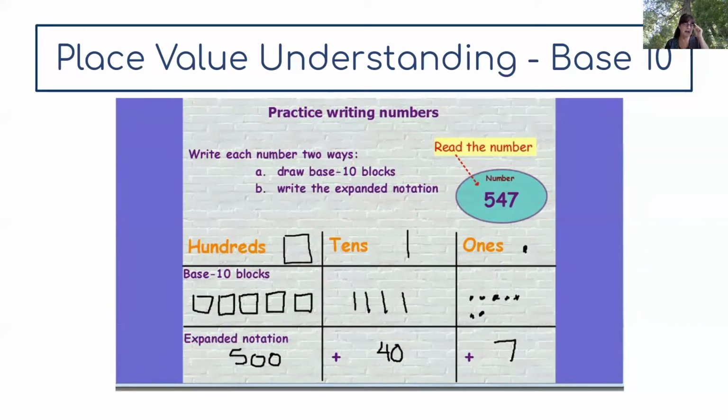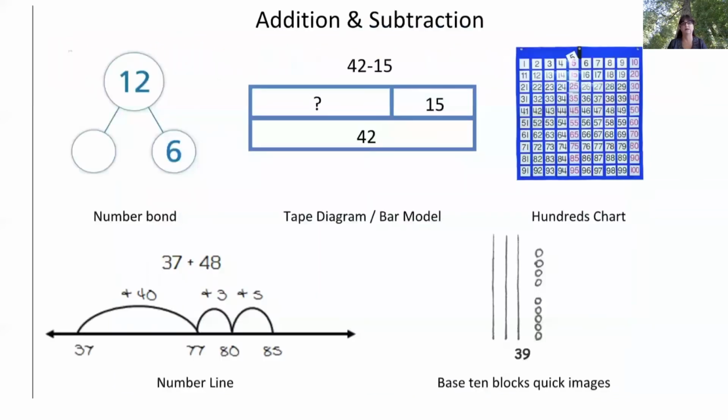And you're going to see an image in a minute that will really show you how you can take this expanded notation and drawing of the blocks and playing with them and all of that, and take it to a new level, which is what we're talking about, depth. We don't want to just be drawing these tens and ones and hundreds in first and second grade. We want to keep that understanding and build on it. I'll show you that in just a minute.